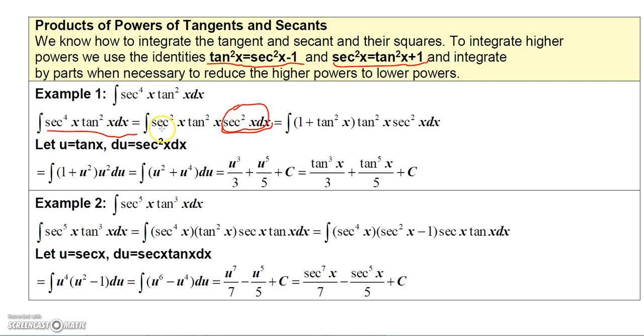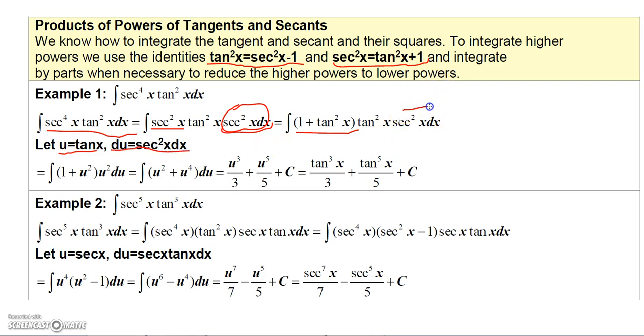To get this in nothing other than tangents, what I would have to do is replace secant squared x with 1 plus tangent squared x, and then, as I said, now that we've got it in all tangents, we can let u equal tangent x, and then du would simply be the secant squared x times dx.